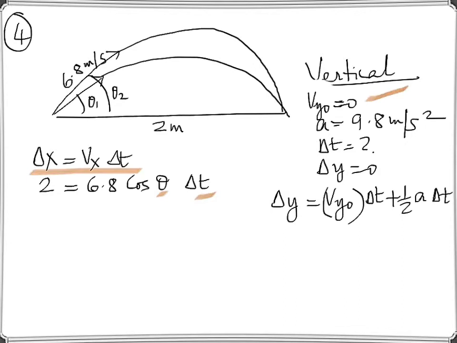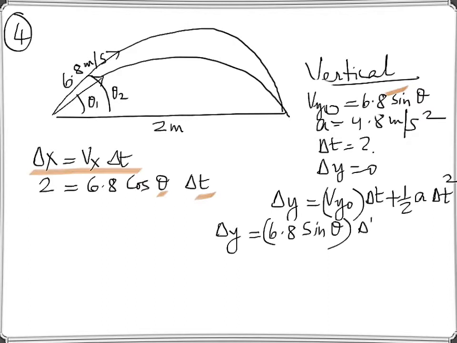Remember delta y is 0, and Vyo is 6.8 sin theta. So obviously 0 is equal to 6.8 sin theta delta t minus 4.9 delta t squared.